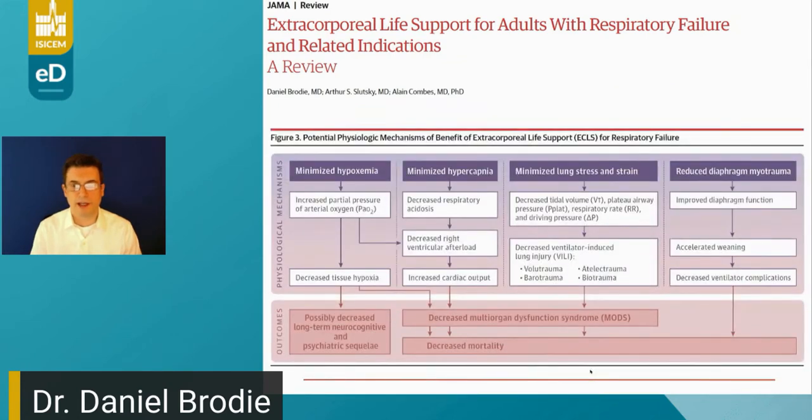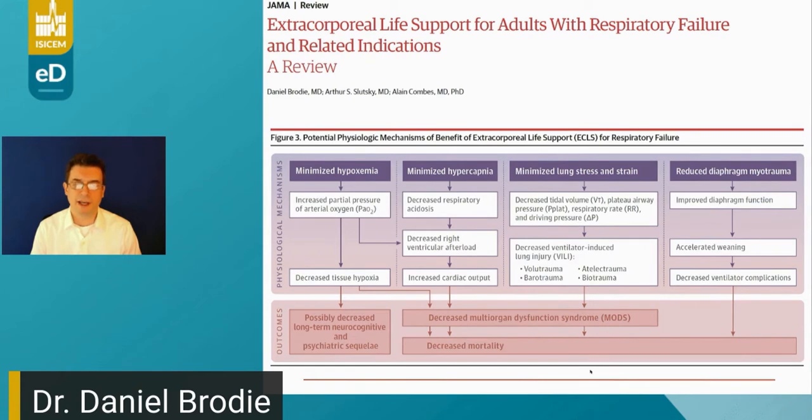This is a schematic of the various potential physiologic mechanisms for why there might be benefit to using ECMO in the setting of respiratory failure, particularly with ARDS. And obviously, we can, by exchanging gas, minimize hypoxemia and hypercapnia. Can also reduce diaphragm myotrauma, but I would direct your attention to minimizing lung stress and strain.